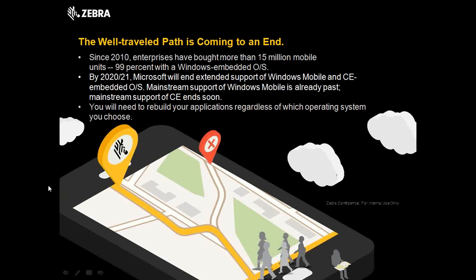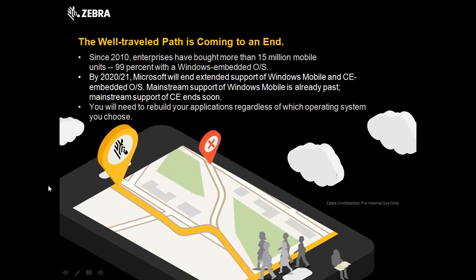So as we get started here, as Mike mentioned, leading into this topic, a well-known path that we have followed in the industry is coming to an end. Microsoft has announced that in the 2020 and 2021 timeframe they will end all extended support of the existing Windows Mobile and CE embedded operating systems as we know them today.